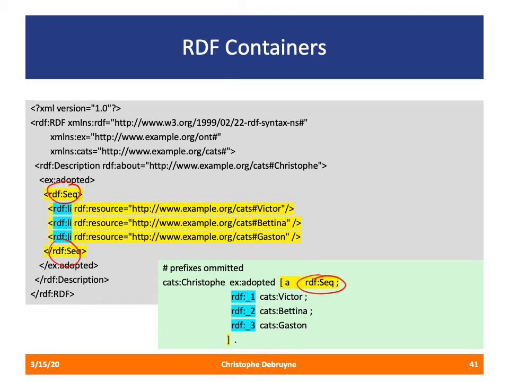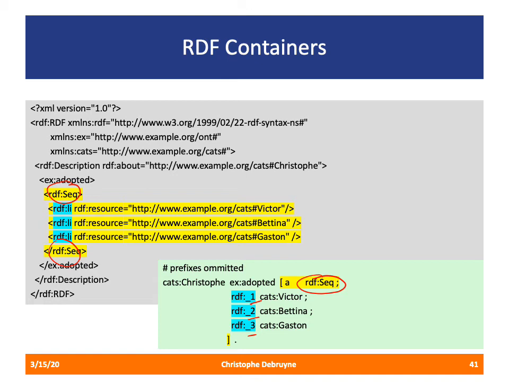Now here the number does have an importance. Victor is the first in that set, Bettina is the second in that set, and so on. The meaning of that order, however, is unclear.